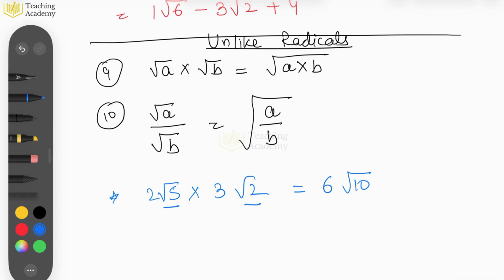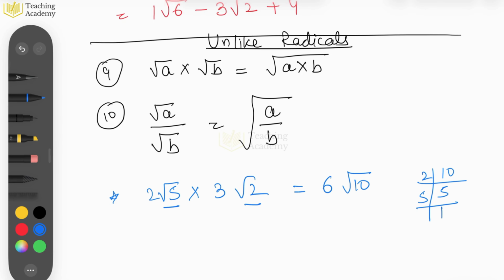Now one more thing is important here. You have to check whether the inside root part is giving you prime numbers or not making any pair. I am going to factorize it, so it is giving me 2 and 5 as factors which are unpaired. So we cannot take anything out from it.